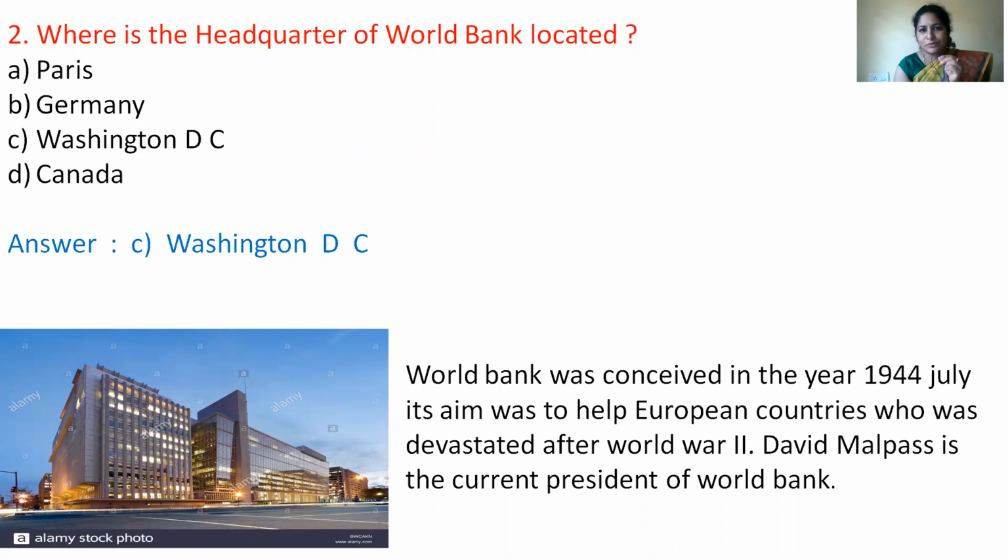They lost their property, they lost their lives, they didn't have education, so many things. So in order to bring them up, the World Bank was established. They were giving loans for them. David Malpass is the current president of World Bank.